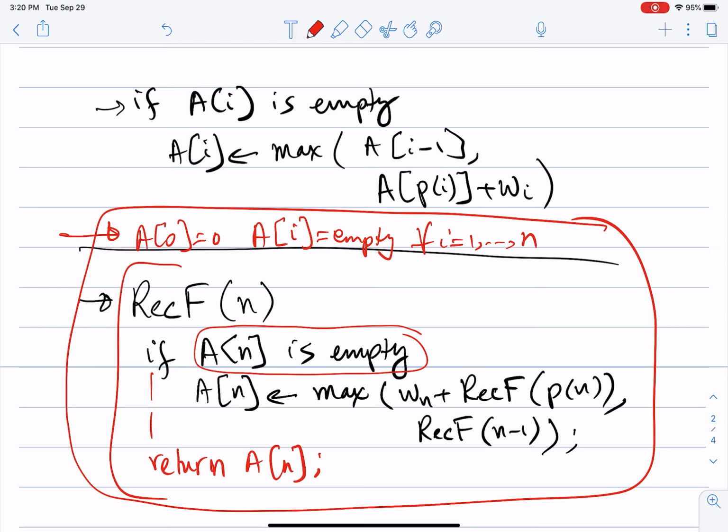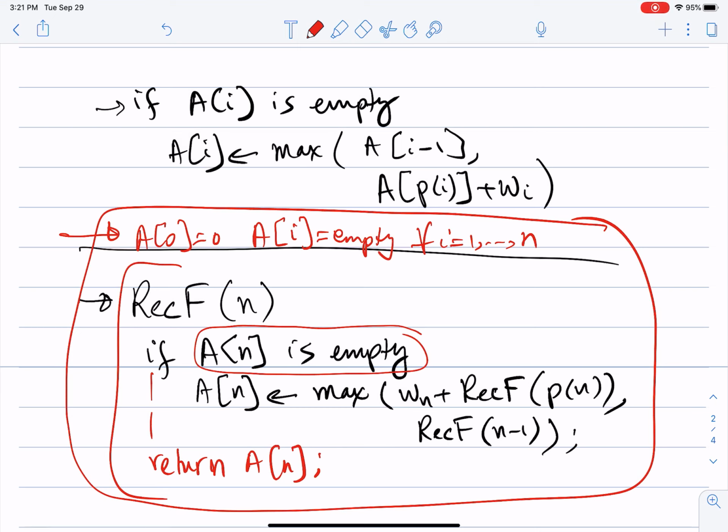Then we call this function recursively. This recursion is different from the previous recursive algorithm I wrote, because this time, before we call the function recursively, we ask if it's been computed. And this is the check if A of n is empty. So this is a recursive implementation that is making use of values that we stored.